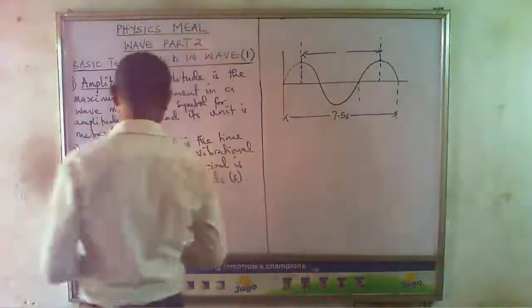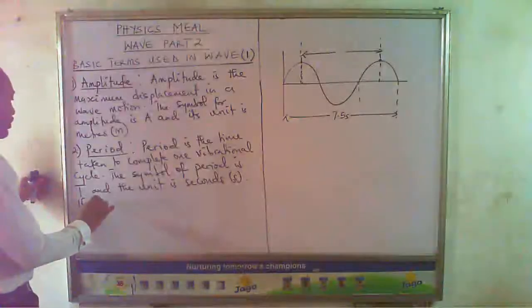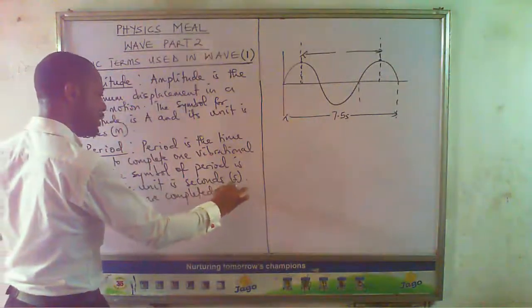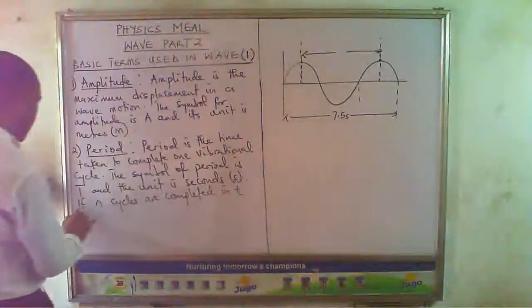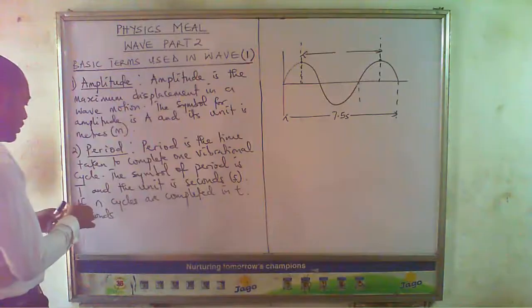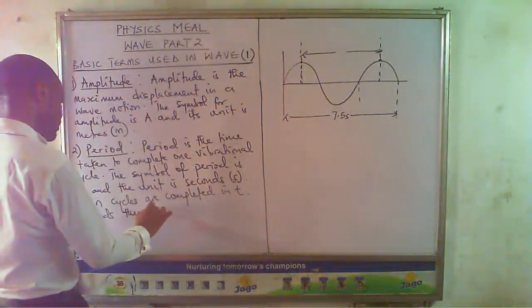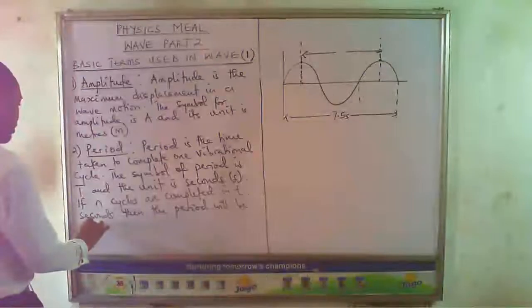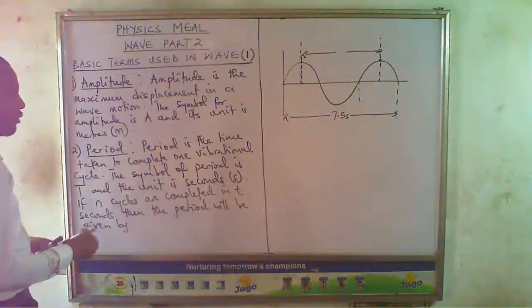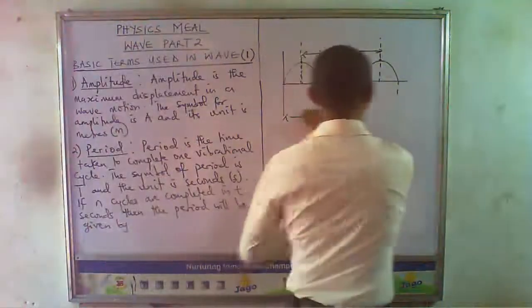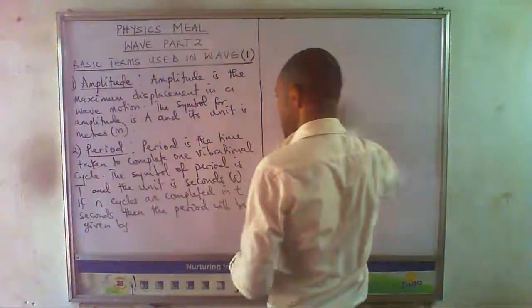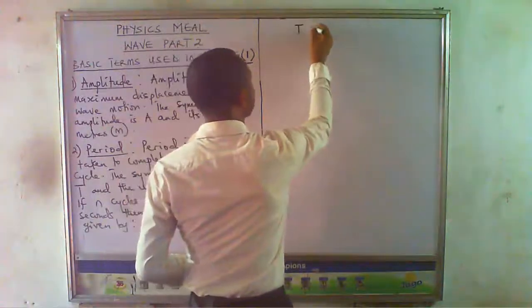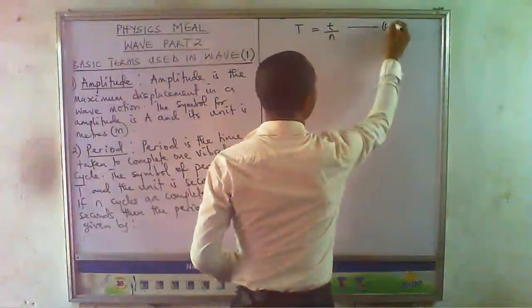So if n cycles are completed in t seconds, then the period will be given by T equals t over n, and call this situation 1.